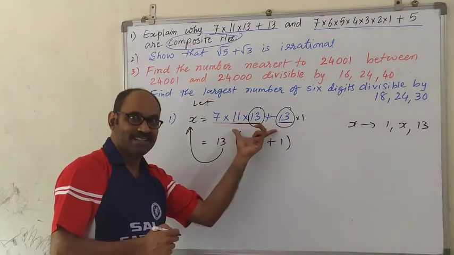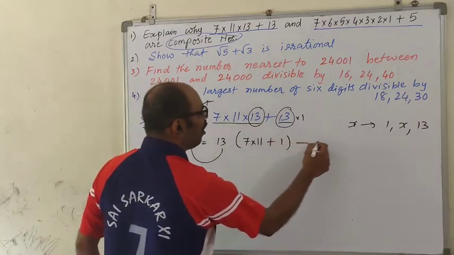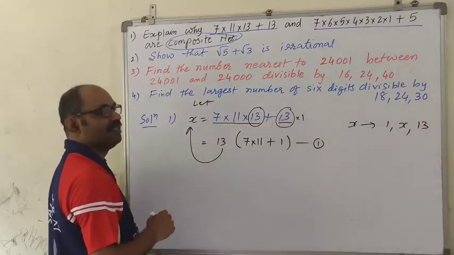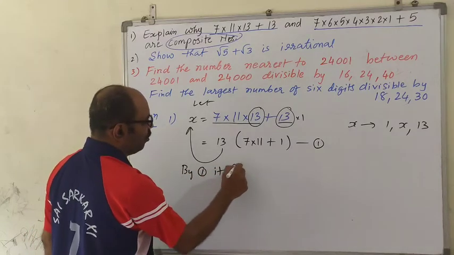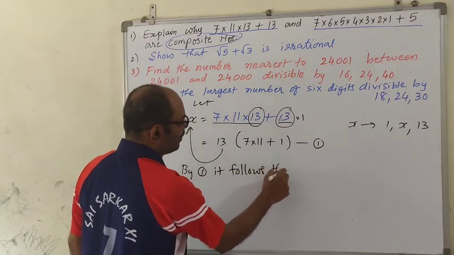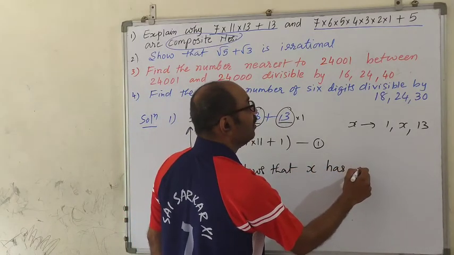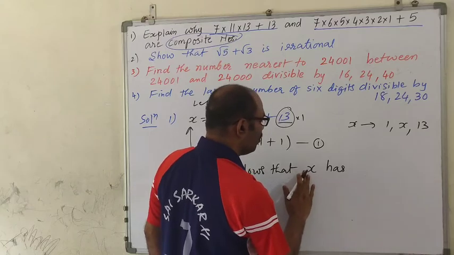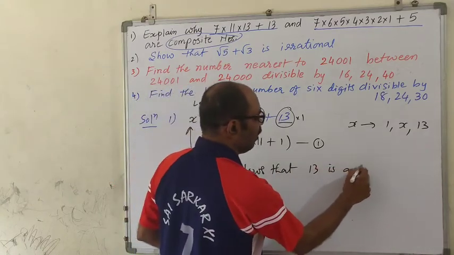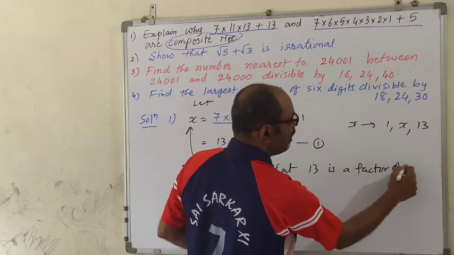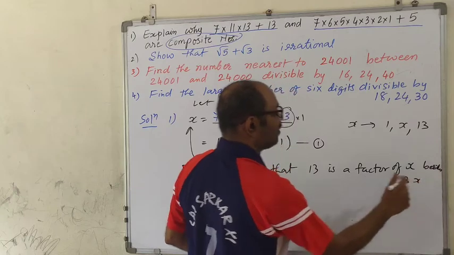That x is nothing but this. Are you getting me? So you call it result 1. By 1, it follows that this 13 is a factor of x besides 1 and x.